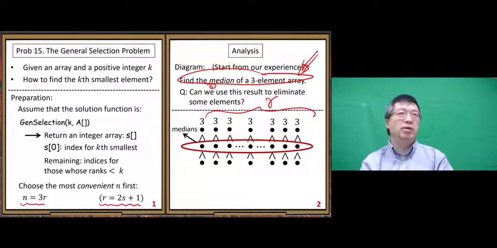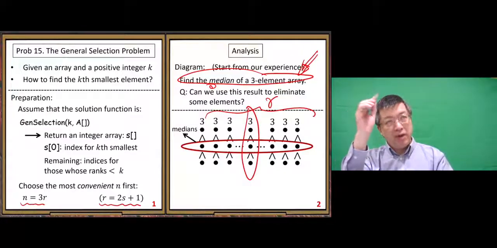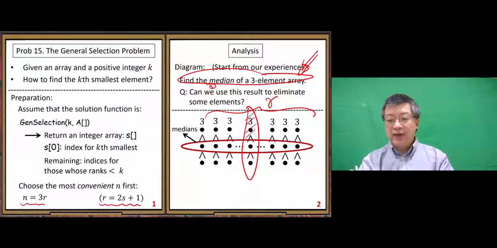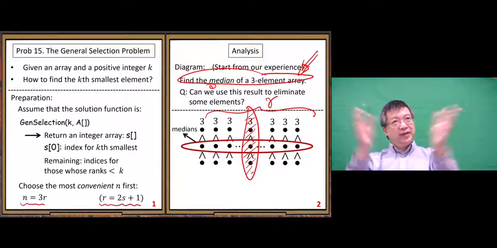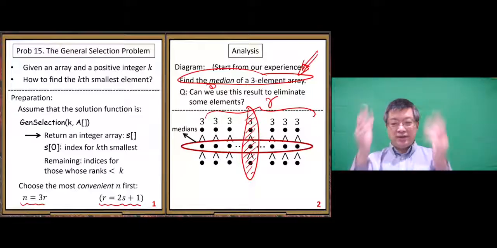Why is this better? Because if r is an odd number, there is a middle column right in the middle. That would be very good.